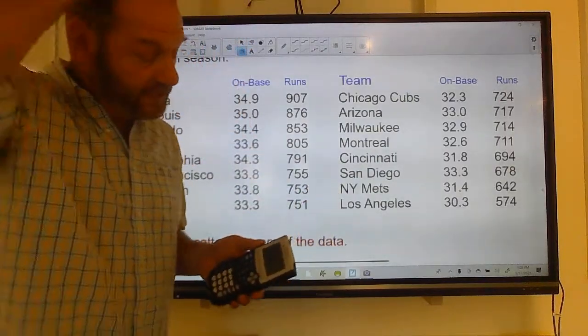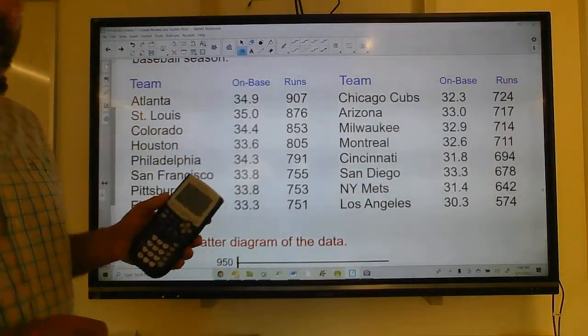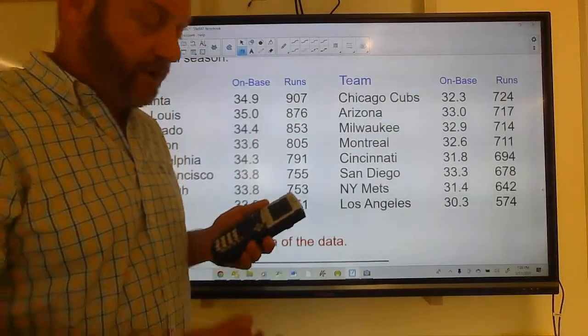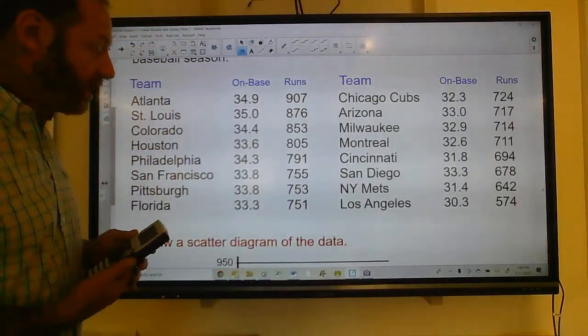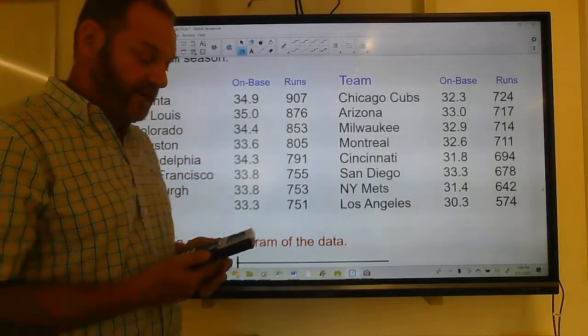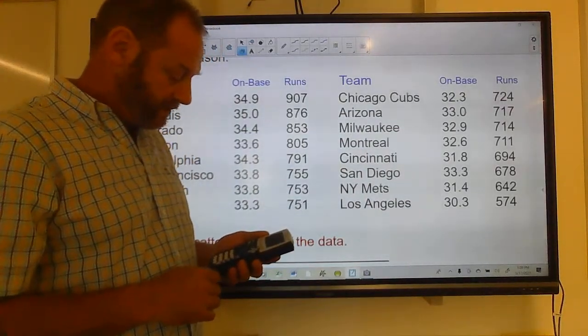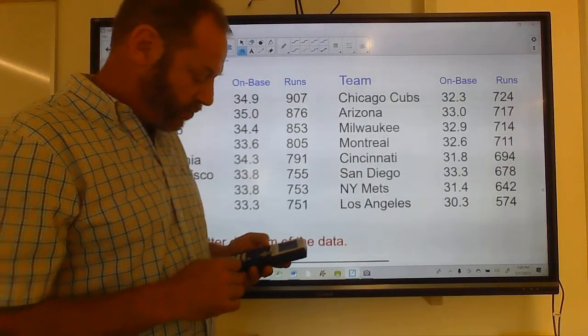Now, it's a really good idea to take a look at your 2 lists and make sure they're the same height. There's not one extra in one column or the other, because if there is, your data is going to be all messed up. Okay. Now you can quit there.